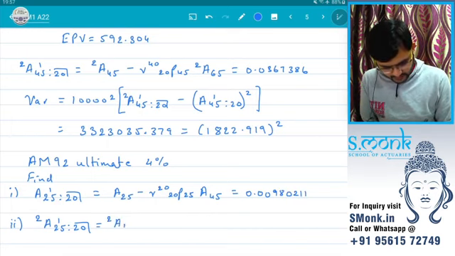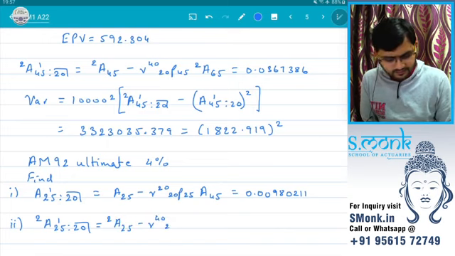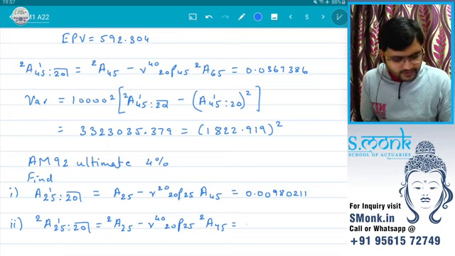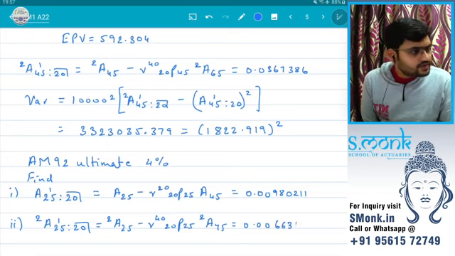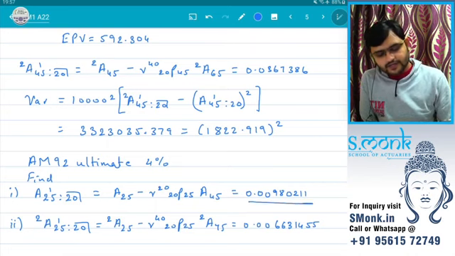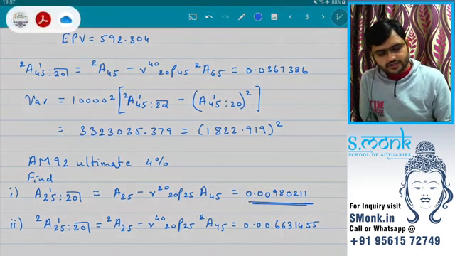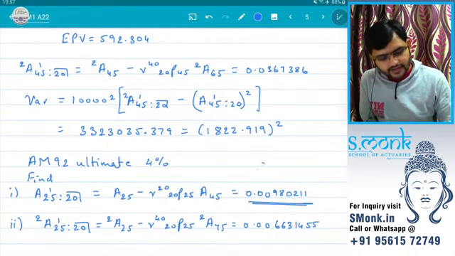For this 2A25, v raised to 40, 20p25 and 2A45, the value is 0.006631455. So you can see if I multiply by 10,000 here, I will get still just 98.0211.